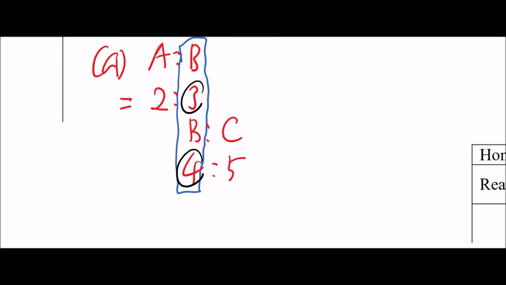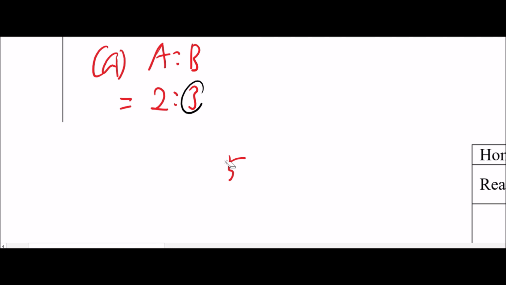What do I mean by that? Let me erase the bottom half, so that you can see clearly. Now, 2:3, I want to turn this 3 into 12. Why? Because 12 is the lowest common multiple of 3 and 4.